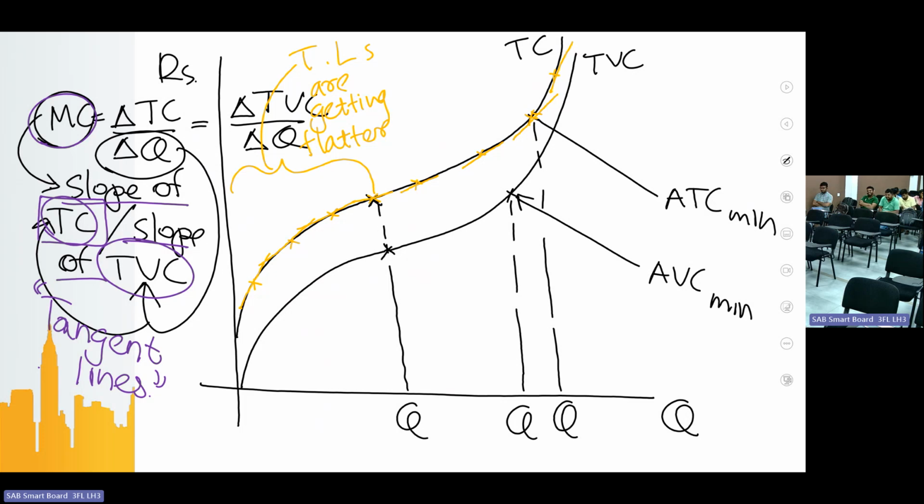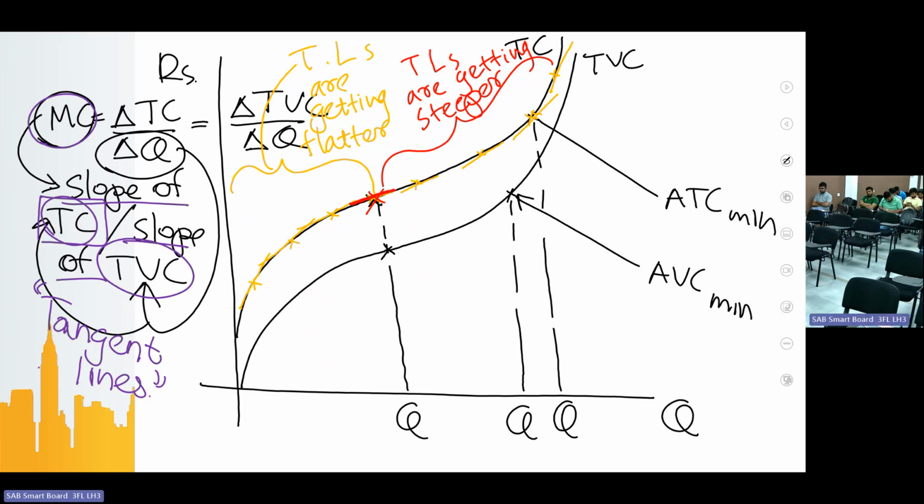And this is the flattest tangent line we can draw. After that, tangent lines are getting steeper. Initially, the tangent lines are getting flatter.